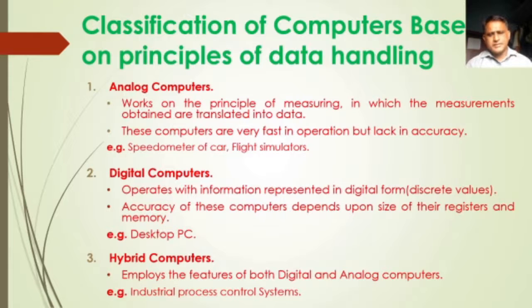An example for this category is the industrial process control systems, which are used in large industries to control machinery. These systems are considered hybrid computers.